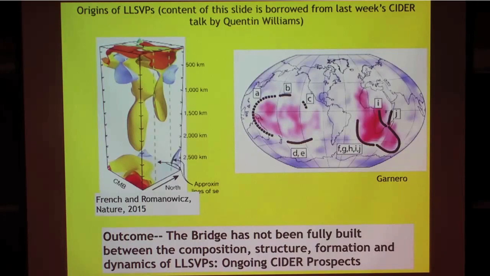So that's something we also have to take into account, and that is another observation that any successful model of mantle convection has to satisfy. And I like this quote from Quentin, which is that the bridge has not been fully built between the composition, structure, and formation of LLSVPs, and we could say the same thing for mantle heterogeneity in general.